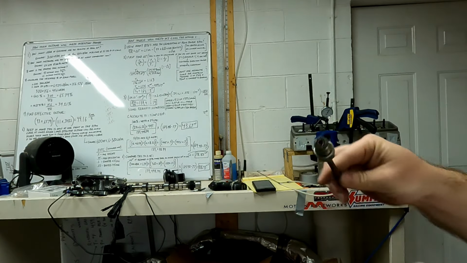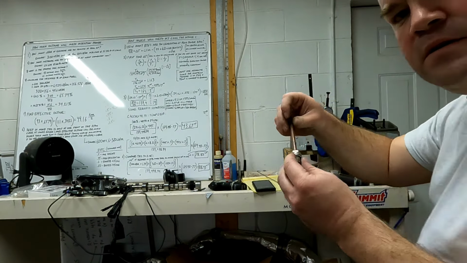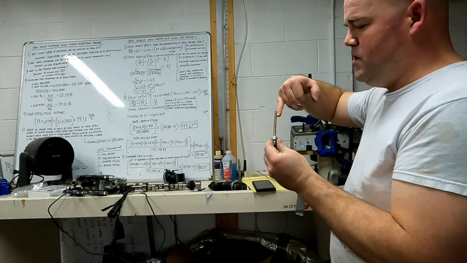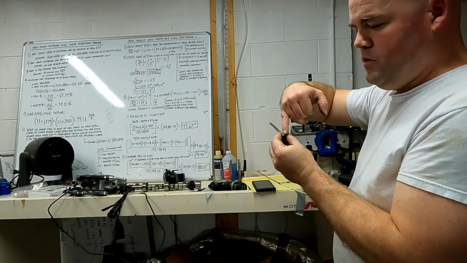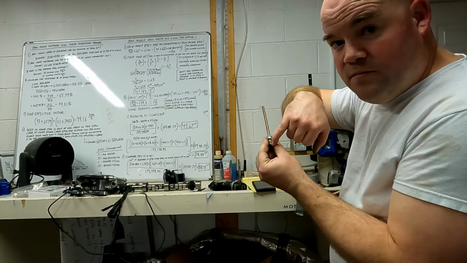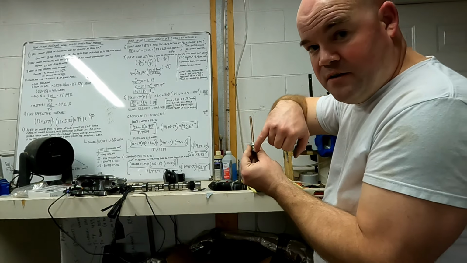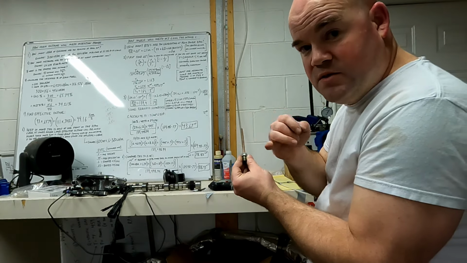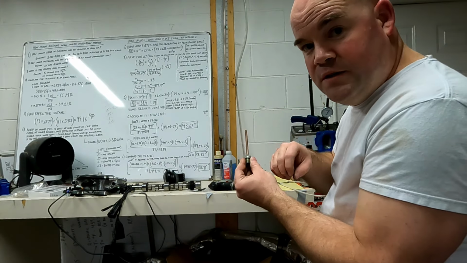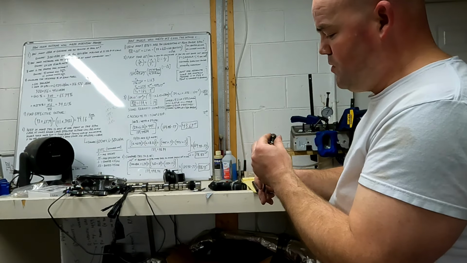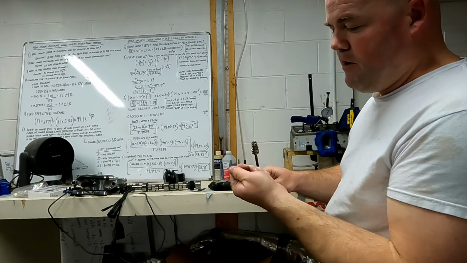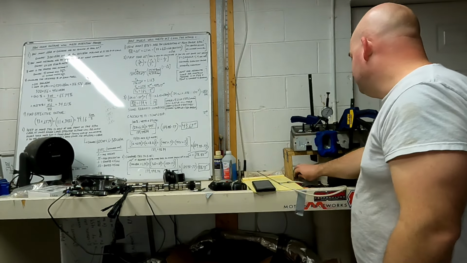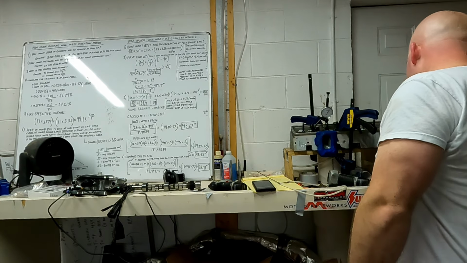You can screw this in where the spark plug is, and stick a velocity probe right down the middle and see what the velocity is coming out of the valve. That'll tell you what your velocity is, where it's trying to swirl, if you have any swirl in your port. And you can move it around to see what different angles of the port are doing. That's an easy thing to do.